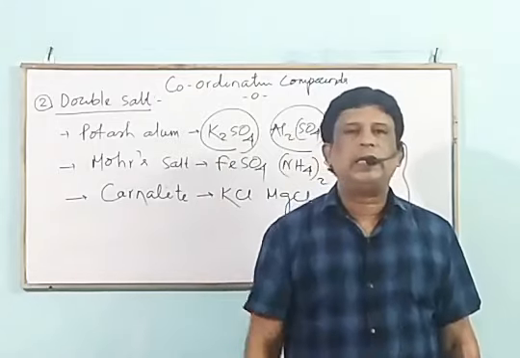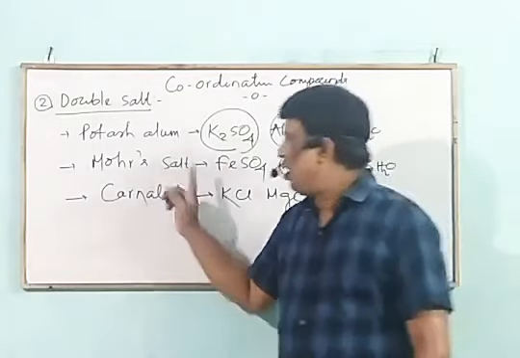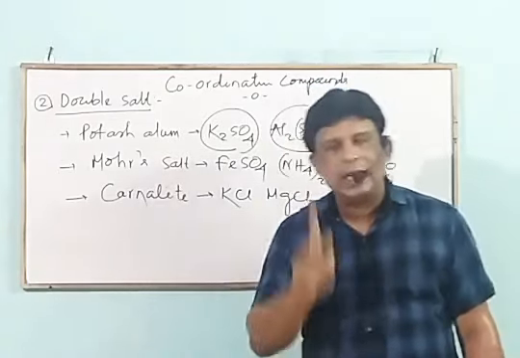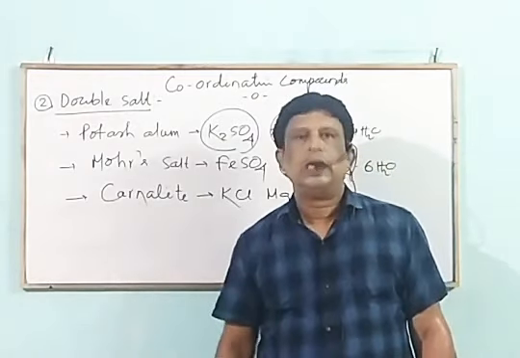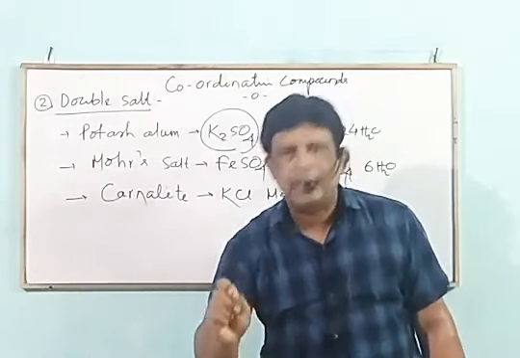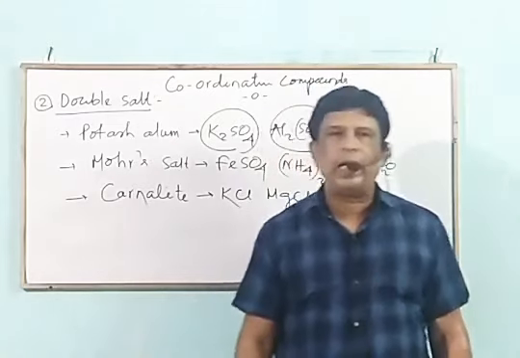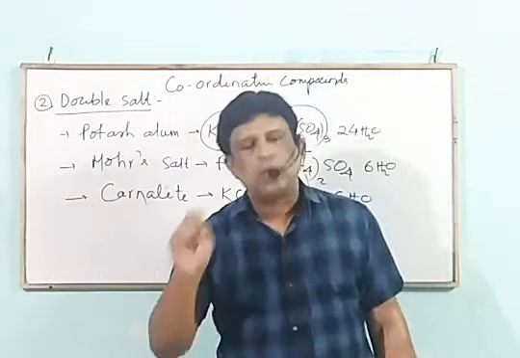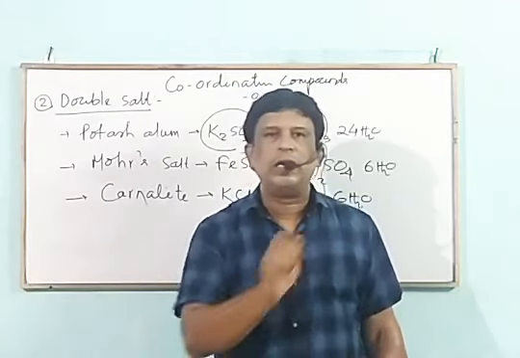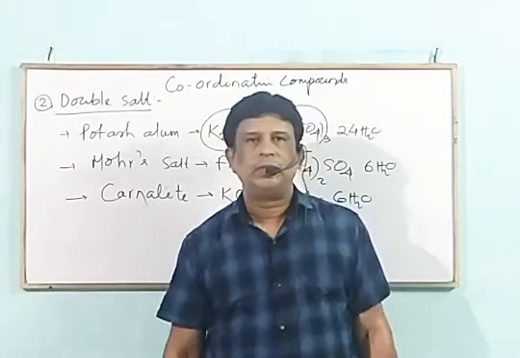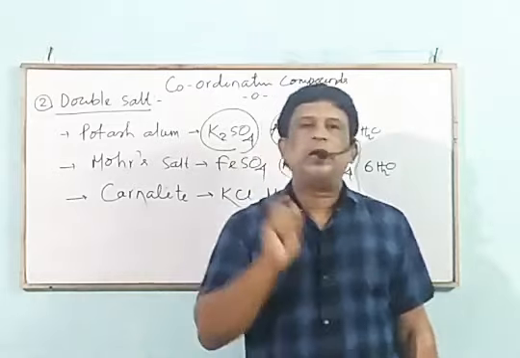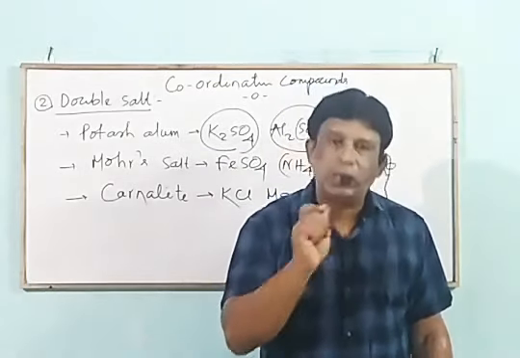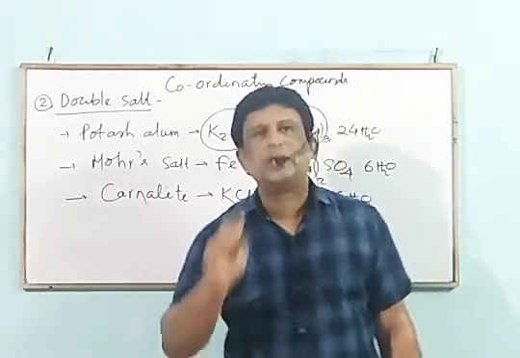The most important thing is that this double salt only exists in solid form. It loses its identity in aqueous solution. I repeat again. The double salt only exists in solid form. In aqueous solution, it loses its identity, and it gives the taste of the constituent ions from which it is prepared.